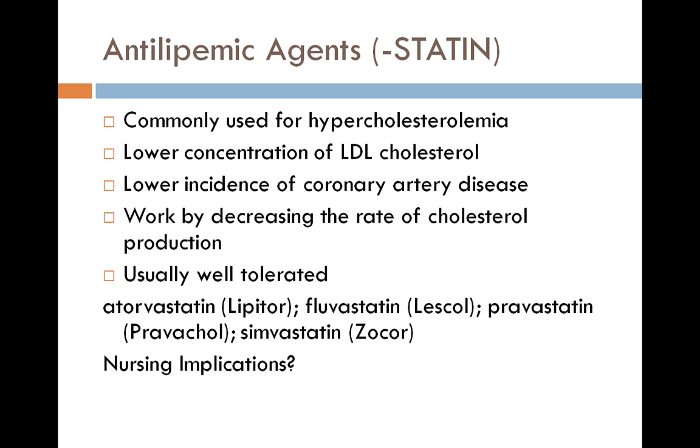Of course, again, we want to monitor the person for complaints of pain, because if it's muscle pain, again, we said it could lead to rhabdomyolysis. So we want to make sure that we're monitoring the person for pain, and we're going to monitor urine output.